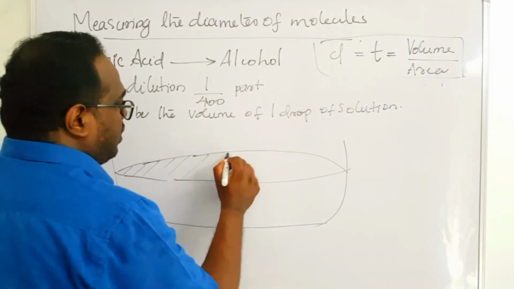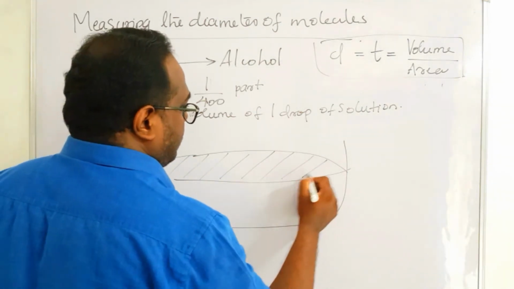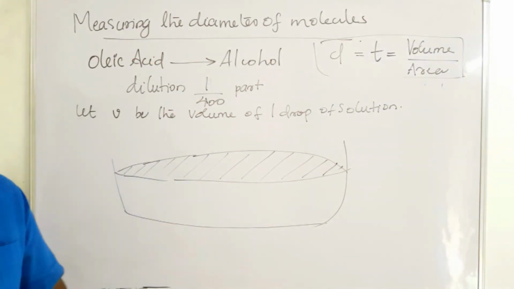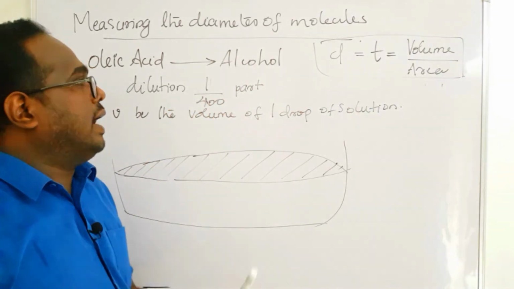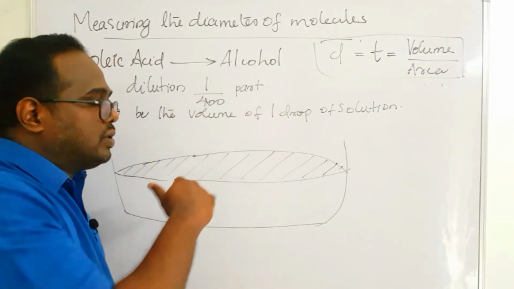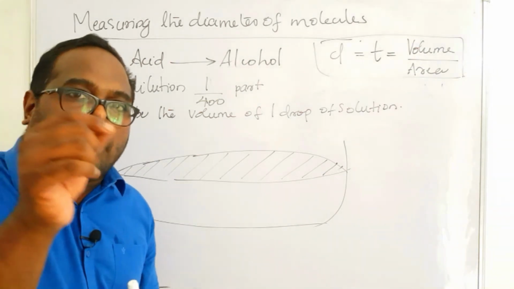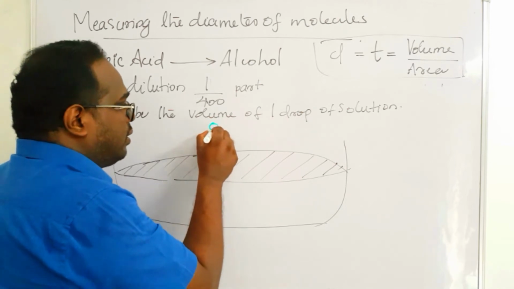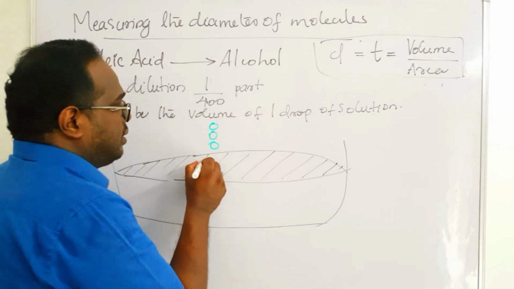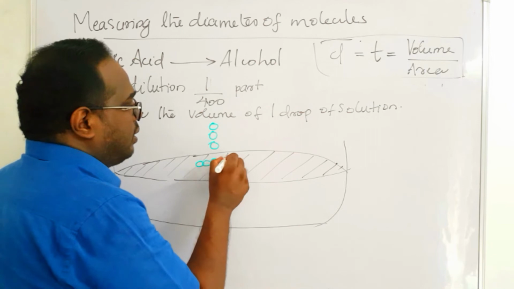The next step is you pour the diluted solution onto the surface of the water, and while pouring it you count the drops. What happens? It will fall here.